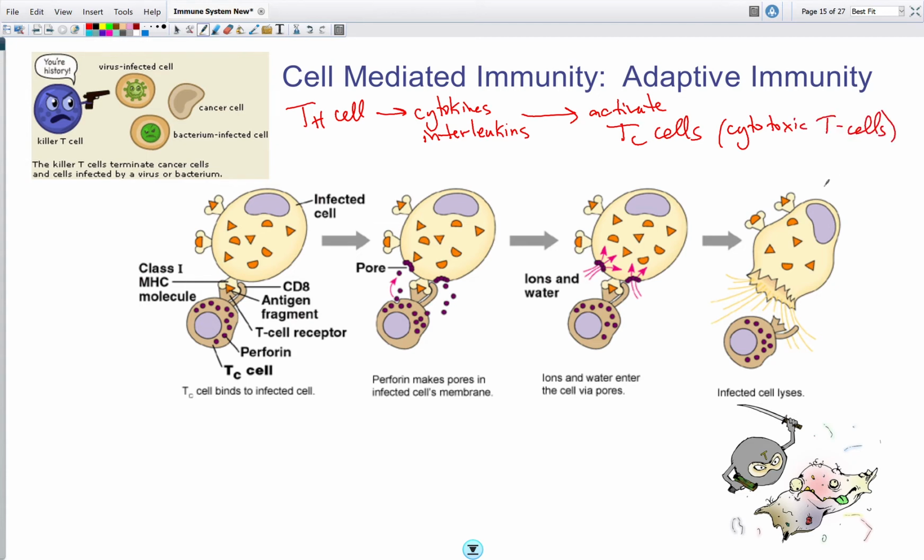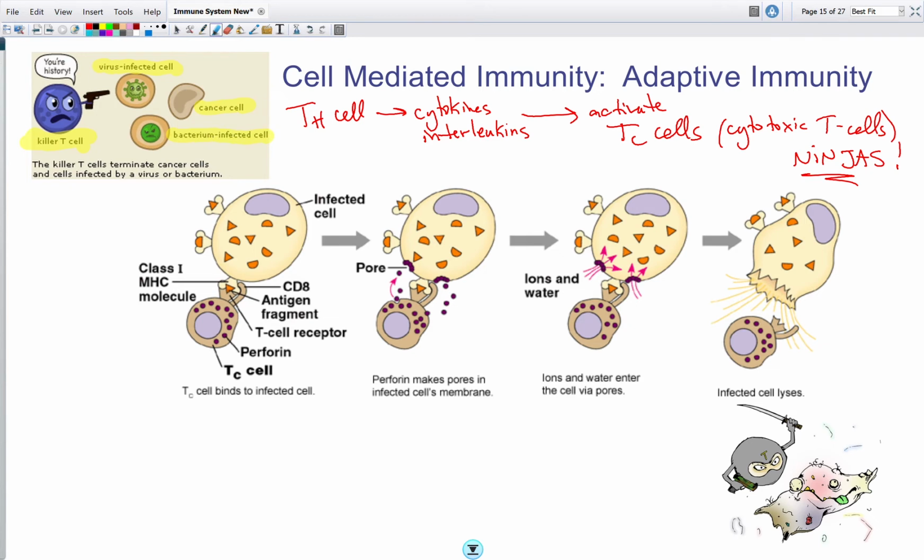These cells are like ninjas, and their job is to go around stabbing cells that are infected. And so look over here on the left. This is a killer T cell, a cytotoxic. It literally blows up virus-infected cells, your own cells, cancer cells that have gone rogue, and bacterium-infected cells of your own body.